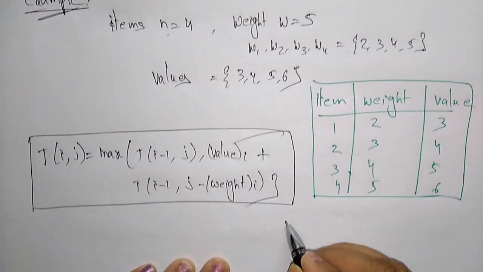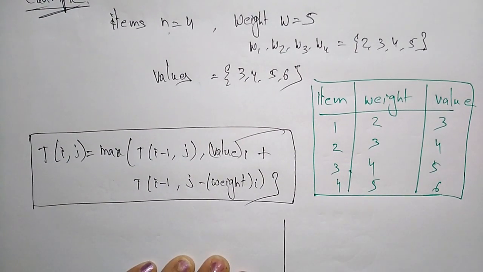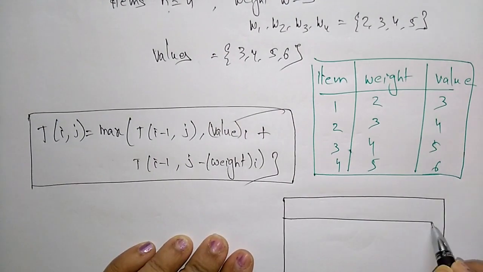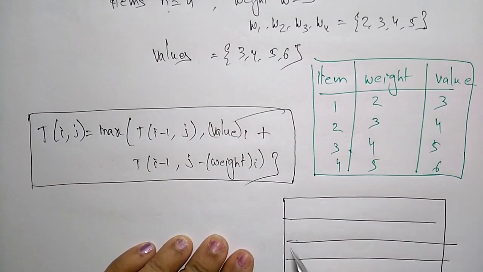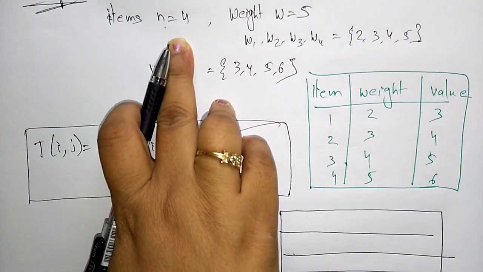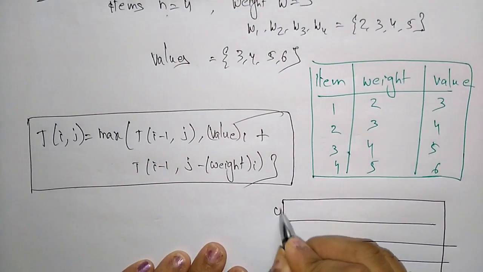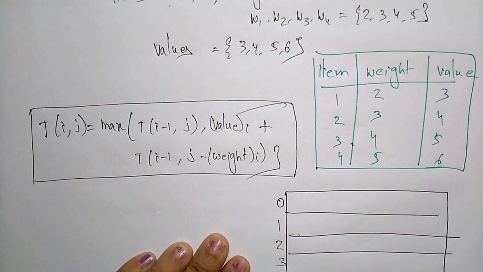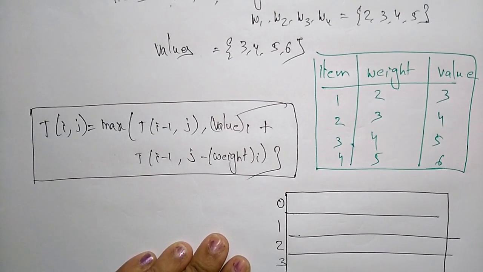So for this we have to consider all these. Let us take a matrix. Here in total we have 4 items, so we take rows 0, 1, 2, 3, 4.